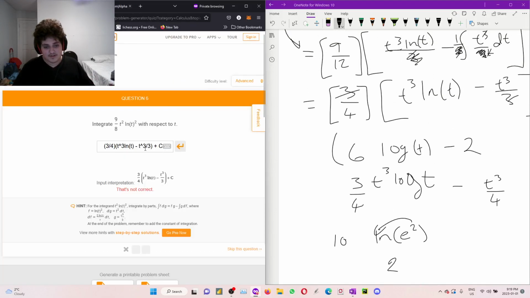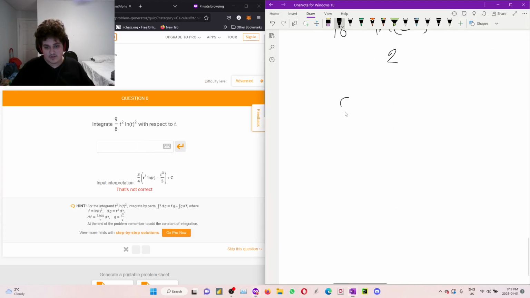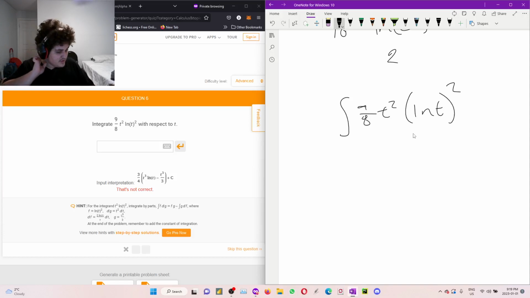Let's redo it with their interpretation now, where they wanted us to do 9 over 8 t squared ln of t squared, like this. And we'll use their suggestion here.